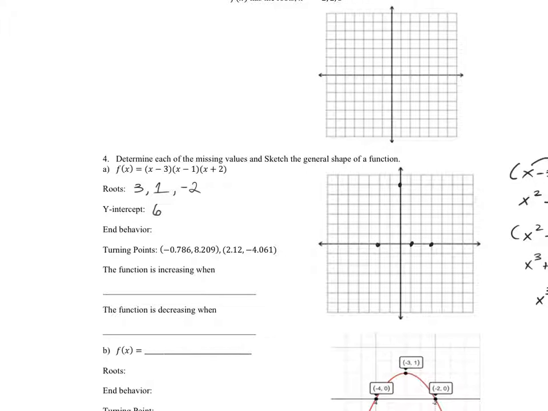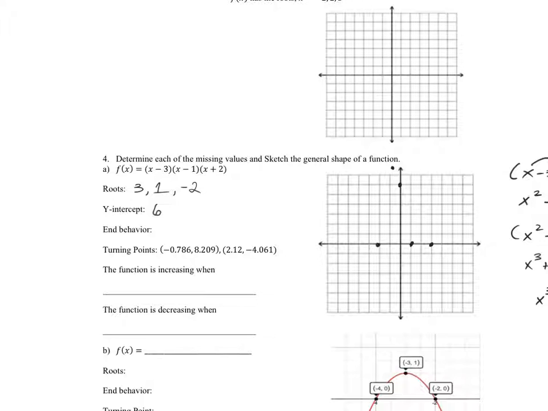We would now also have to graph the turning points. So we're going to do a rough estimate here. Negative 0.786 would be around here, and positive 8, so it's not on the graph, will be a rough estimate of right here.